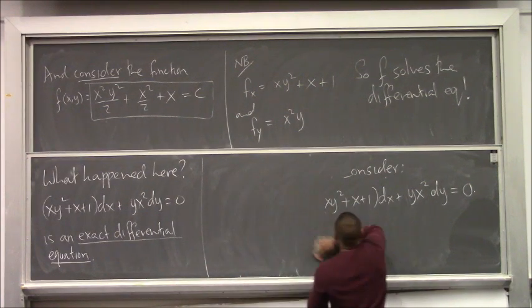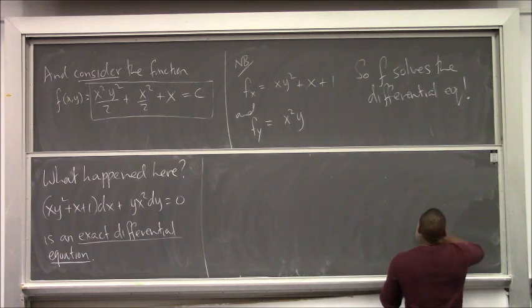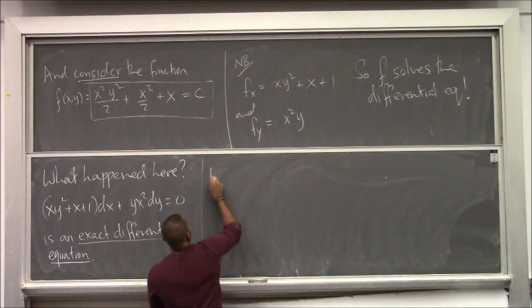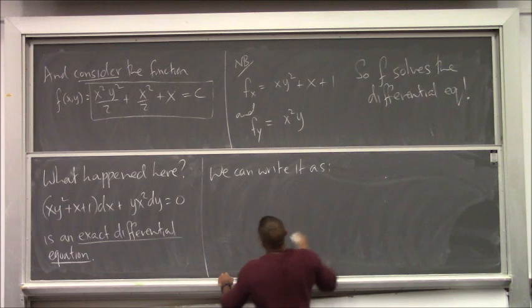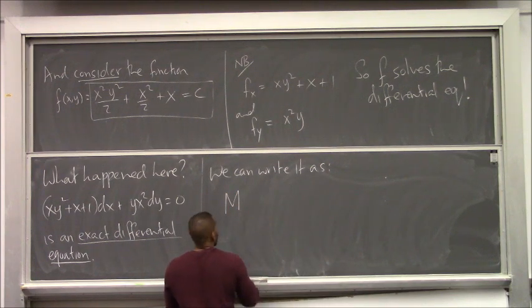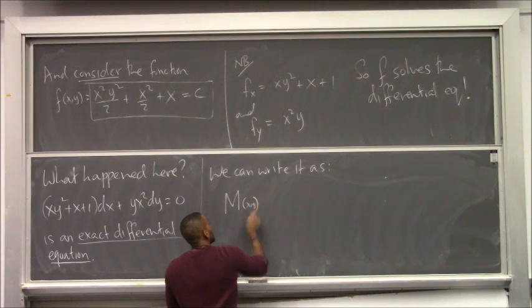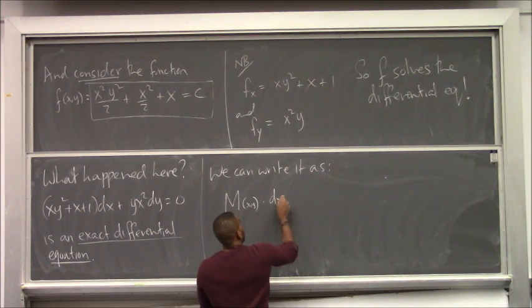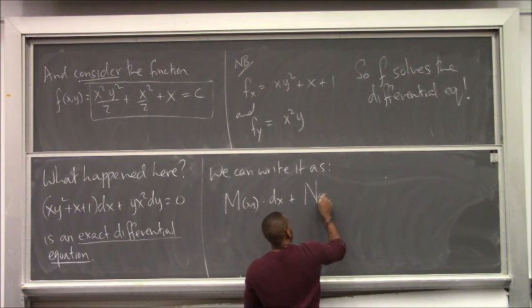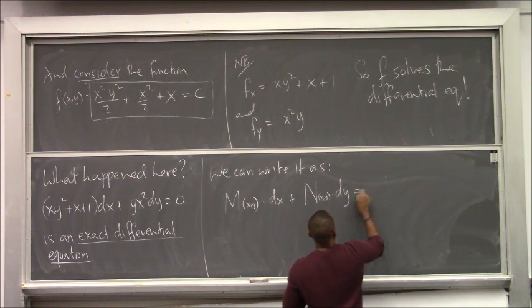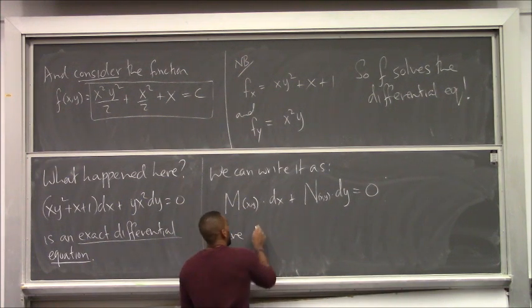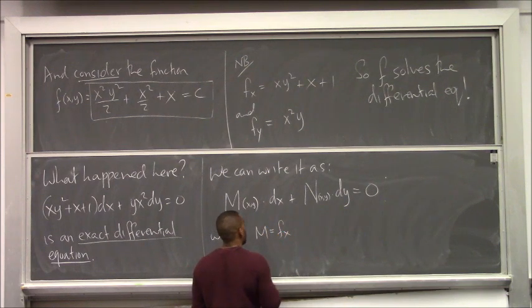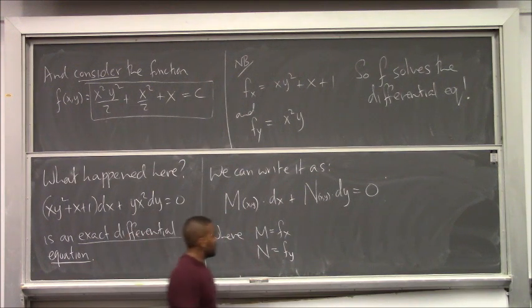Okay, right? So these have a special form. It means you can write them, the standard notation is to call the guy in front of dx some function M of x, y times dx plus N of x, y times dy equals 0, where M is equal to the partial with respect to x of some guy, and N is equal to the partial with respect to y of the same guy, right?